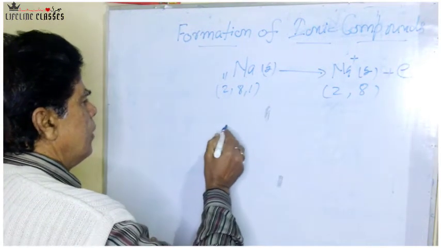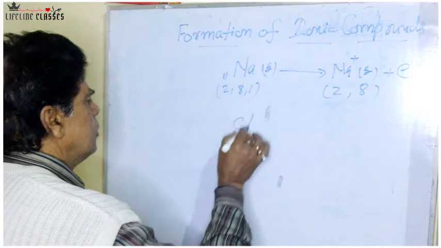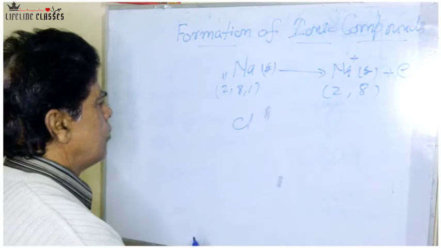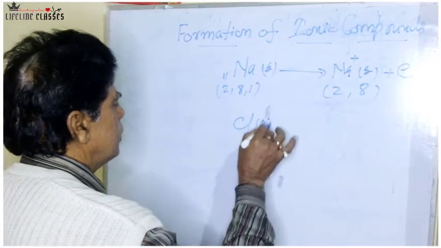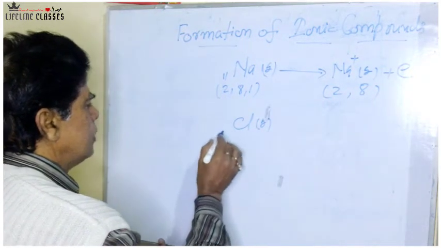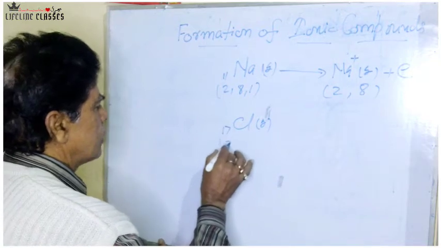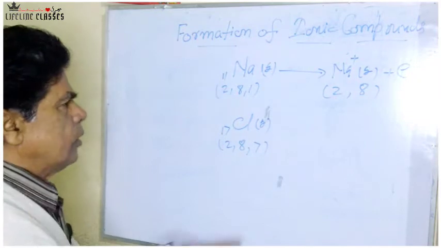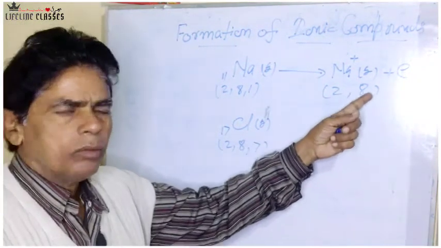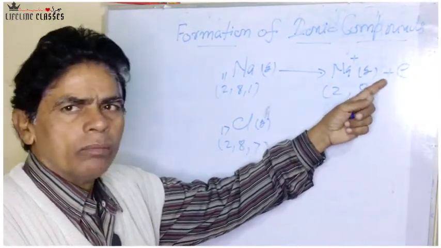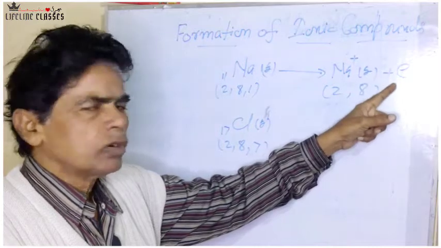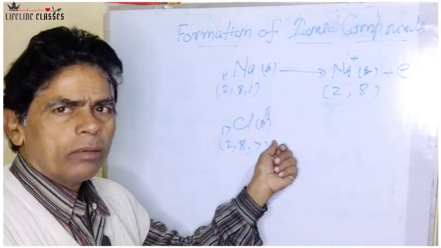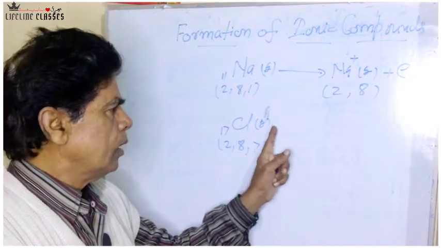Now, suppose chlorine gas gets atomized. In the atomized gaseous state, its electronic configuration is 2, 8 and 7. Now, if the electron furnished by the sodium atom is received by the chlorine atom, what will happen?